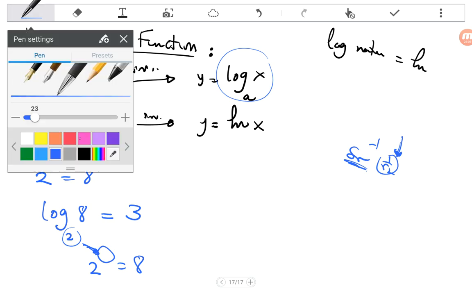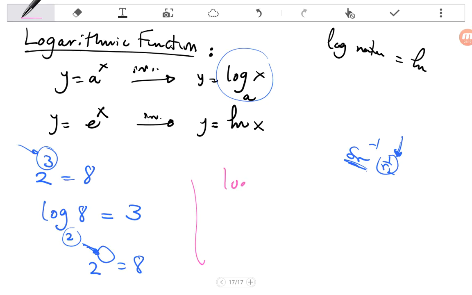For example, what is log base 10 of 1000? What I'm asking here is what is the exponent that I need to put on 10 in order to get a value of 1000. Written as 10 power, 1000 is 10 power 3.